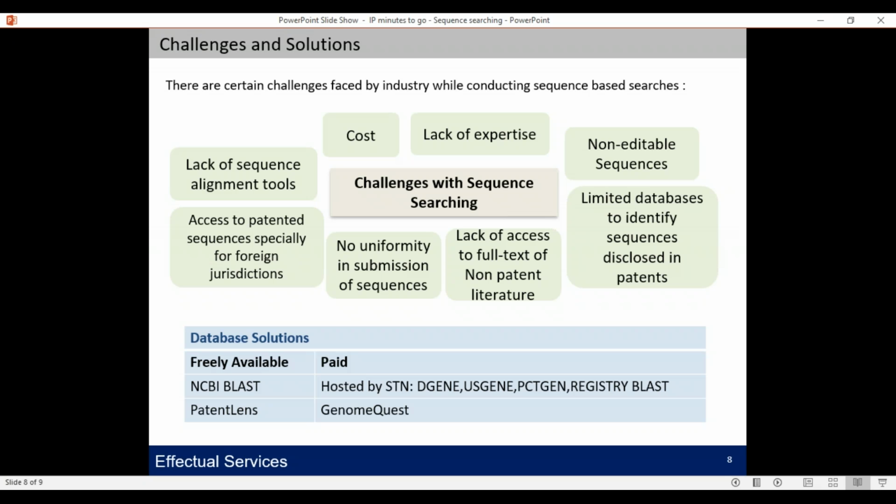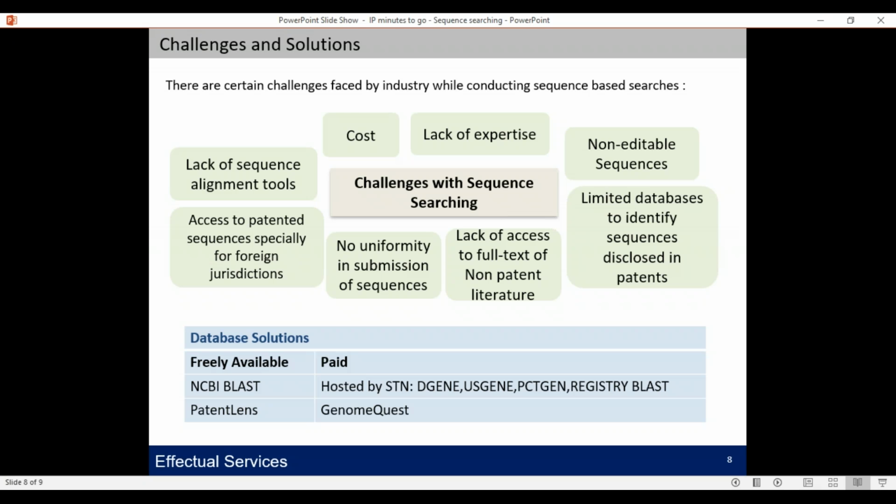You'll see here there are free as well as paid databases to perform sequence searches. Examples of freely available databases are NCBI BLAST and Patent Lens. BLAST represents Basic Local Alignment Search Tool and is an algorithm for comparing primary biological sequence information such as amino acid sequences of proteins or the nucleotides of DNA sequences.